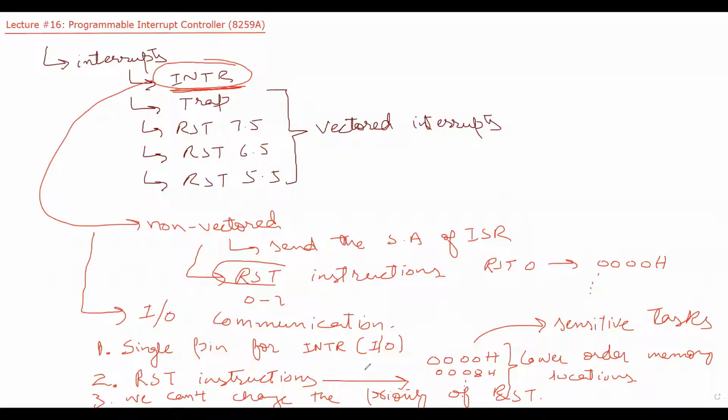The solution that we have been provided is to use a programmable interrupt controller. We will see how it is used, and we will discuss one important programmable interrupt controller, that is the 8259A.